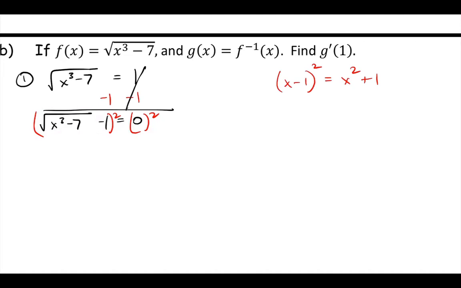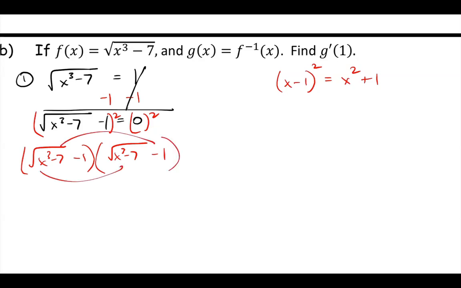So I would have to do FOIL, first, outer, inner, last. I would have to do all of that, and I don't want to do that. So let's go back here. How could I avoid that?